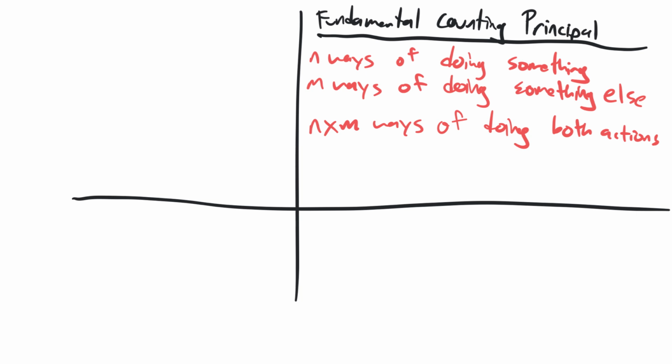Okay, now sometimes when we have more general notes like this, it's nice to give a concrete example. So over in this quadrant, we're going to do an example here. So let's say we flip a coin and we roll a die. A die we're going to assume has 6 sides.